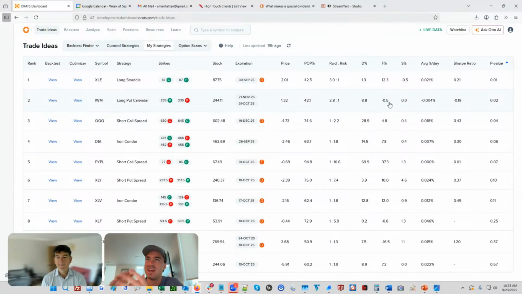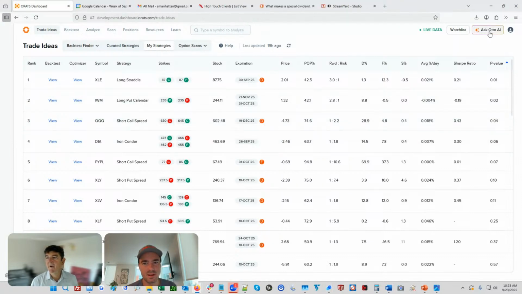It's combining the backtest finder methodologies with the p-value and permutation testing of the optimizer with ORATS proprietary indicators and the scanning with theoretical values, and then you're getting the best trade. So it's combining three really novel approaches to finding good trades all in one.